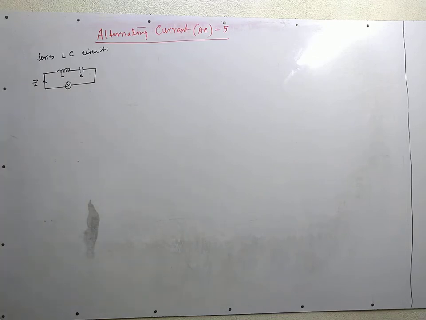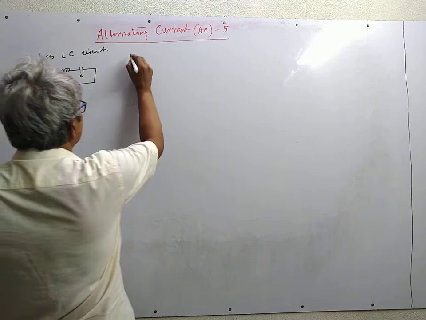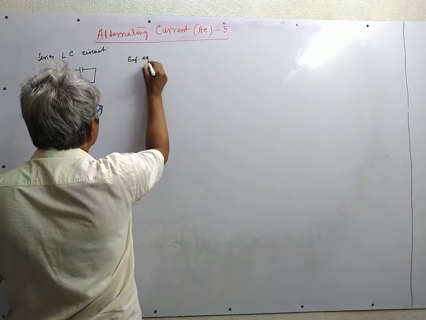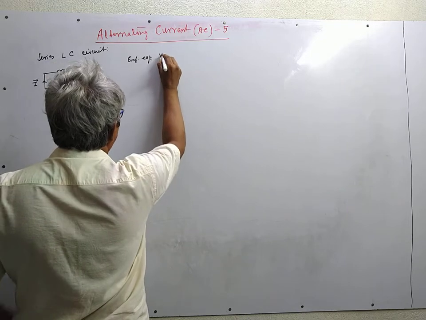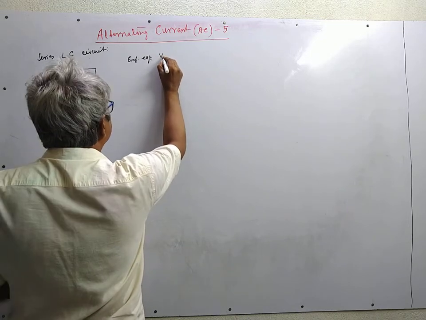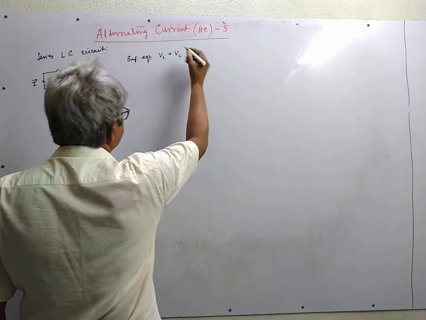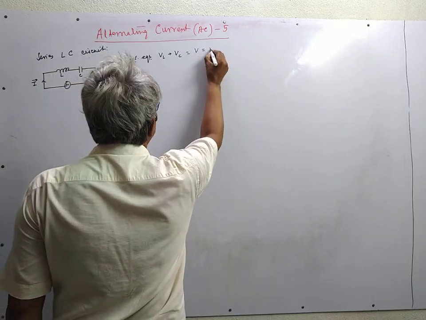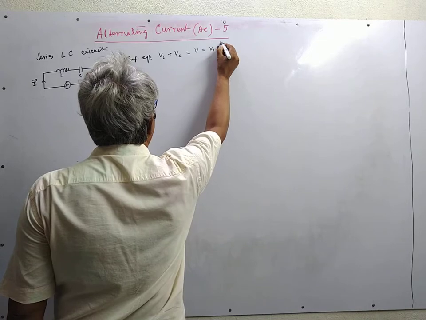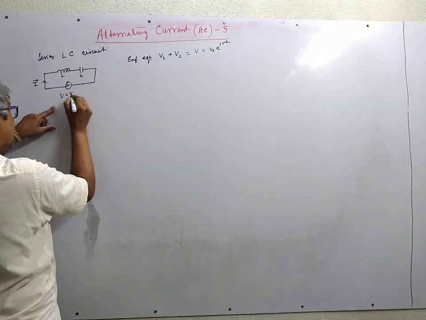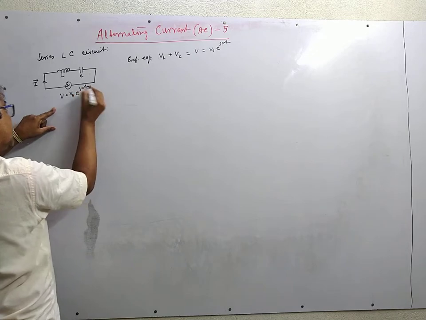As usual, we first solve the EMF equation. The EMF equation is VL plus VC is equal to V, which is equal to V0 e to the power j omega t. This is the source voltage, equal to V0 e to the power j omega t.